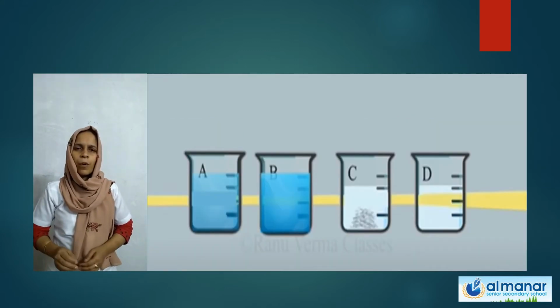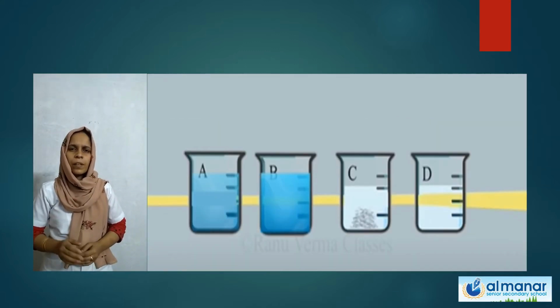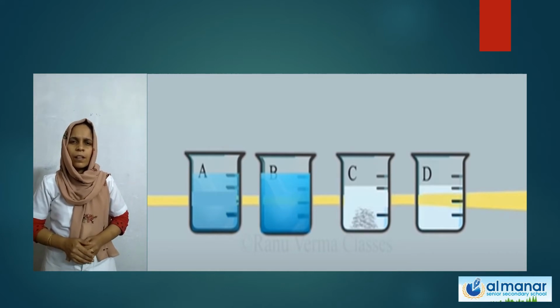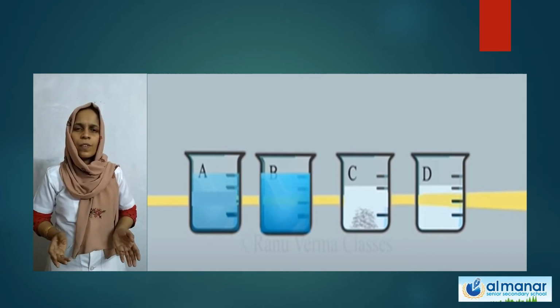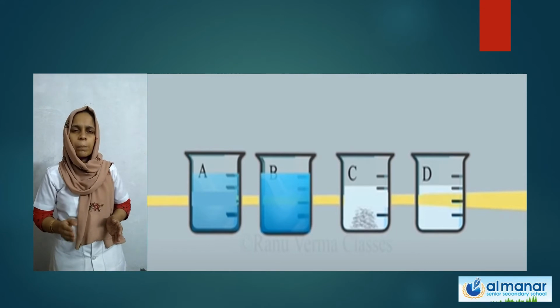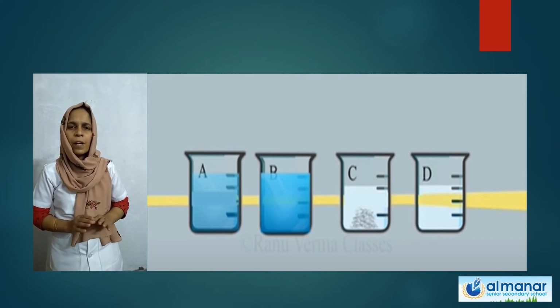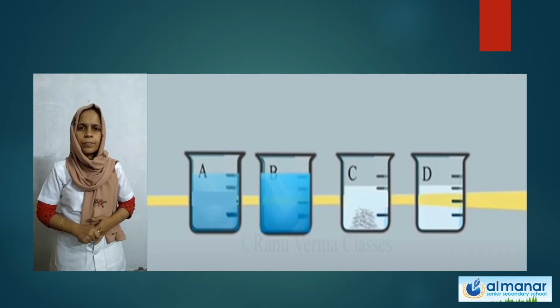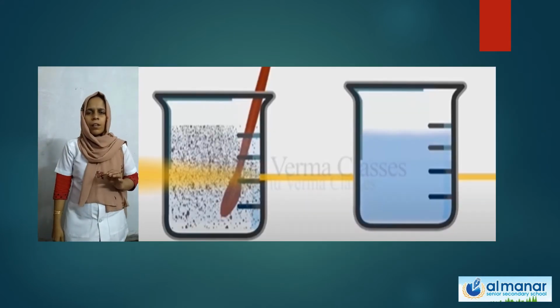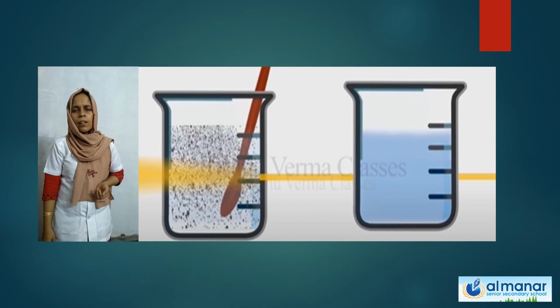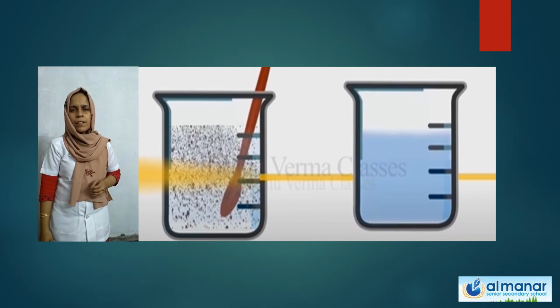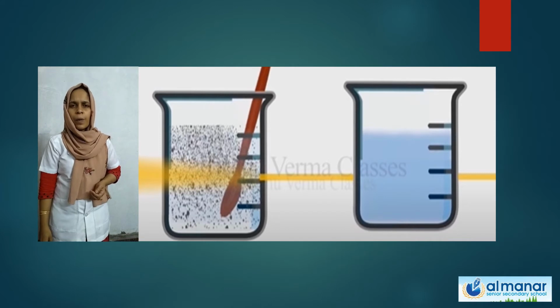Direct a beam of light from a torch through the beakers. We can see the path of light is not visible in beaker A, B, C, whereas the path of light is visible in beaker D. Once again, stir the mixture in beaker C with a spoon and allow the light to pass through.